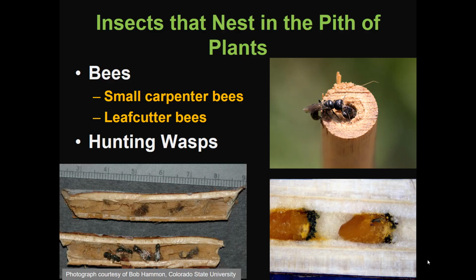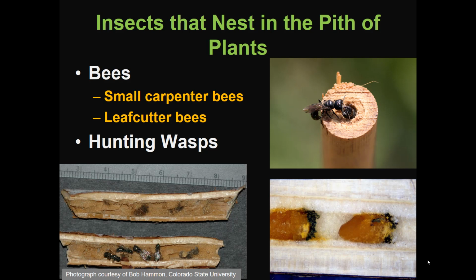And some of the kinds of insects that nest in the pith of a plant would be solitary bees. The group known as the small carpenter bees can be very common, and they will excavate the center area of the pith. They'll stay in the pith. They won't be going into the tissues that would be sustaining the plant.